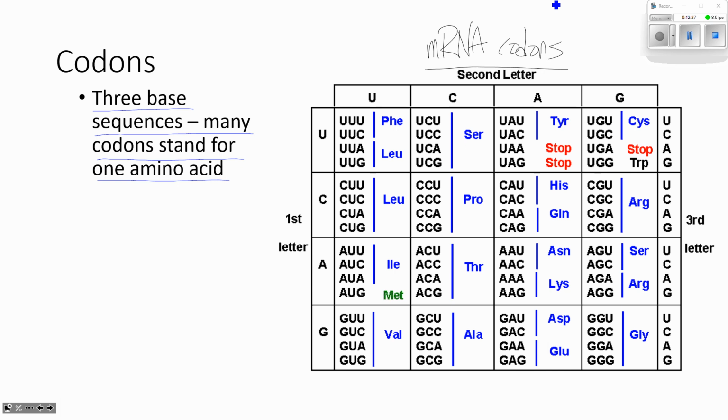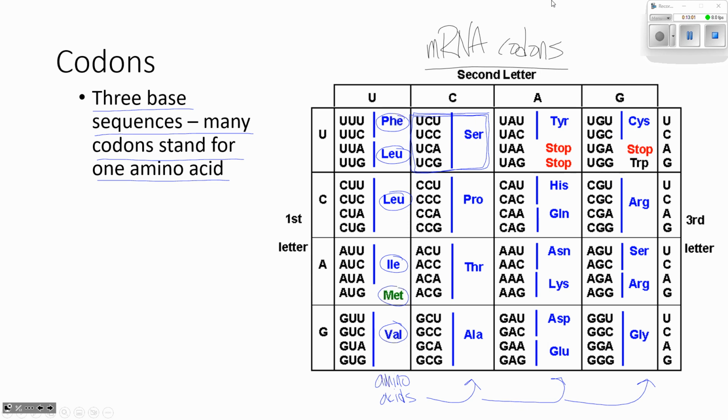And you can see here that we have a number of codons that end up giving us the same amino acid. These 3-letter abbreviations here, PHE, LEU, ILE, MET, VAL, these are amino acids, the building blocks of proteins. You don't need to know the names of these.